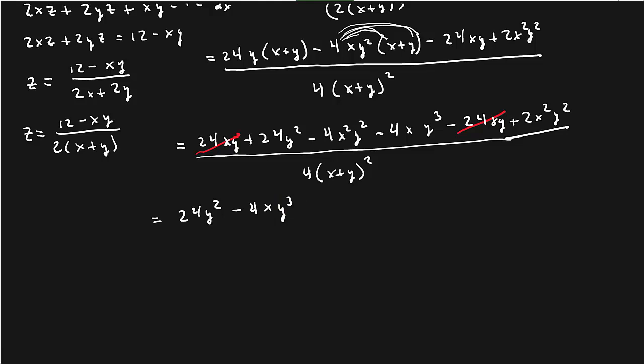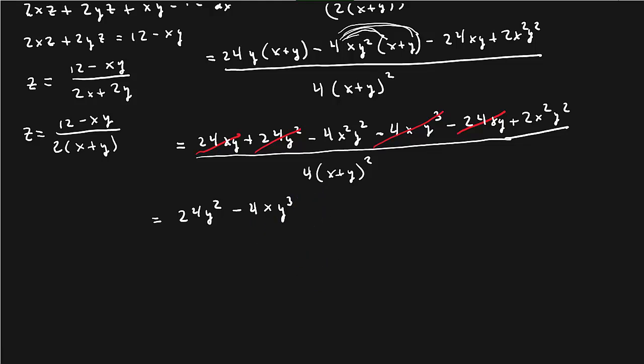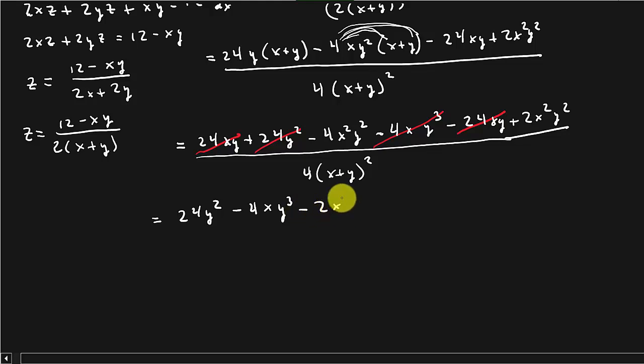It just gets all jumbled up. We did this one already, and for this one we got minus 4x squared y squared plus 2x squared y squared. That's going to give us minus 2x squared y squared over 4 times x plus y squared.